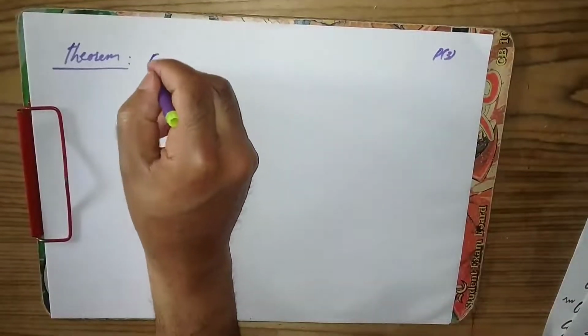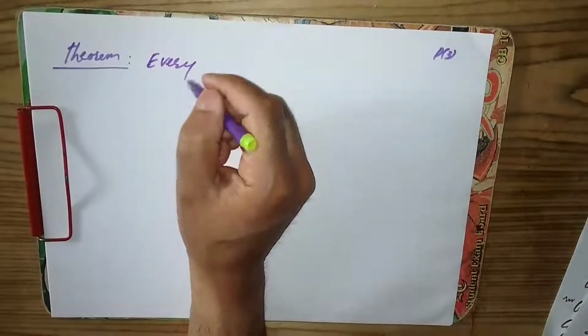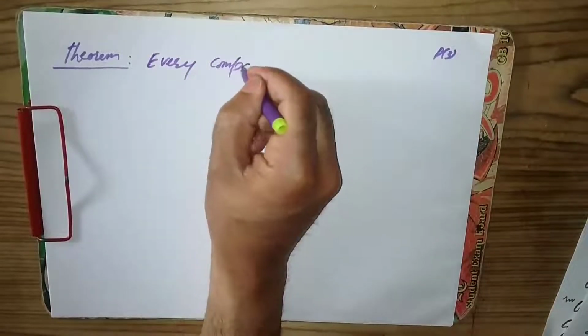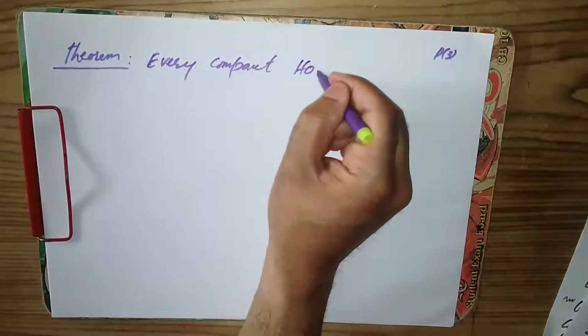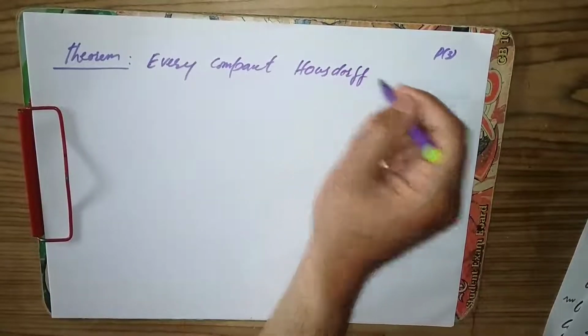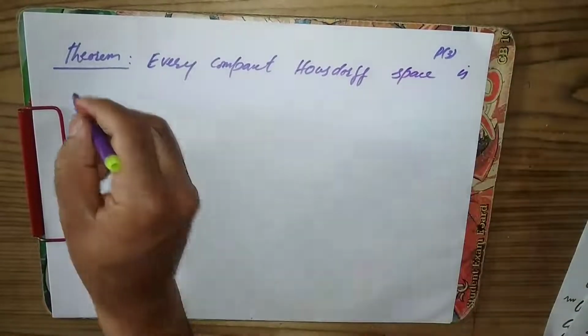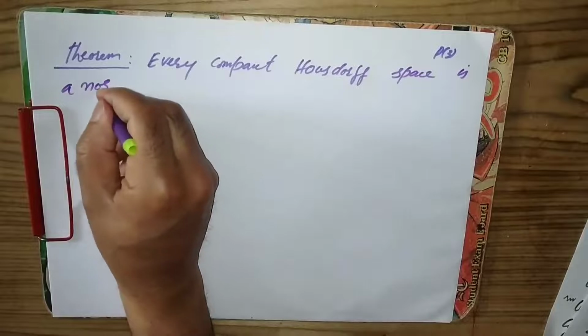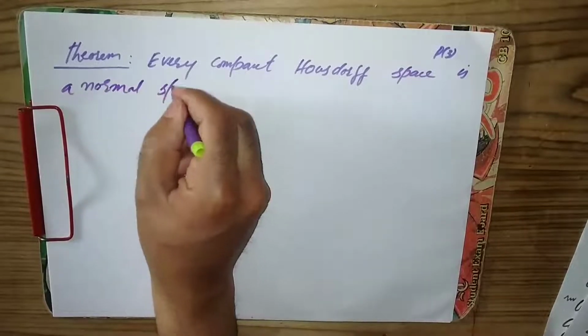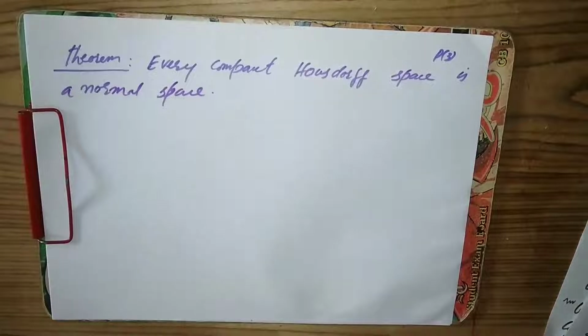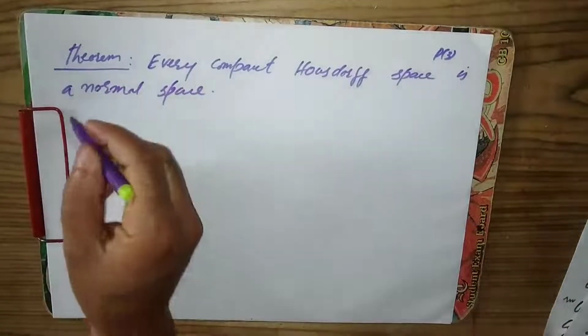That's the theorem: every compact Hausdorff space is a normal space. Proof.